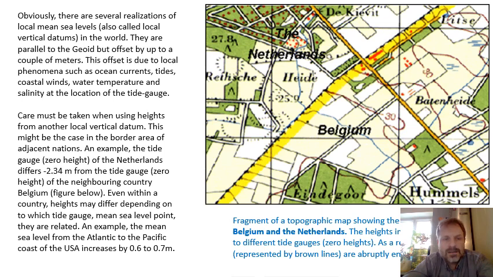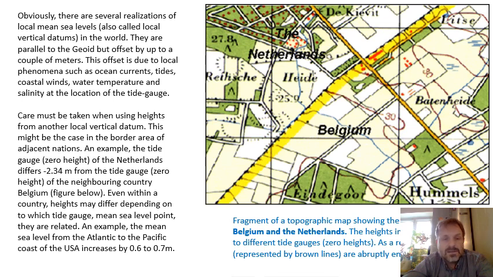They are parallel to the geoid but offset by up to a couple of meters. The offset is due to local phenomena such as ocean currents, tides, coastal winds, water temperature, and salinity at the location of the tide gauge. Care must be taken when using heights from another local vertical datum.